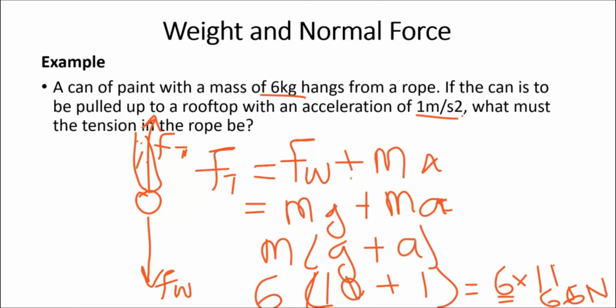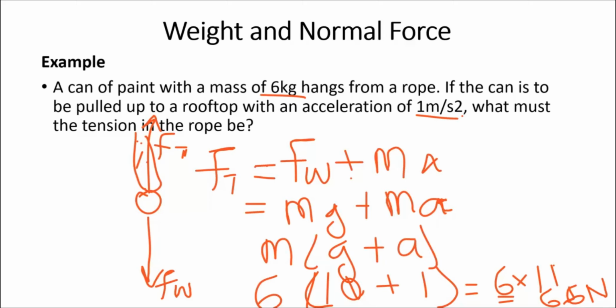Because we're looking for the tension of the rope, the tension force in the rope Ft is upwards, and the weight is downwards. We're going to call this positive direction because they're in different directions.